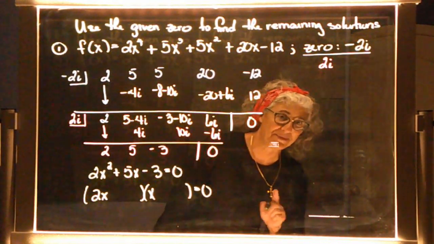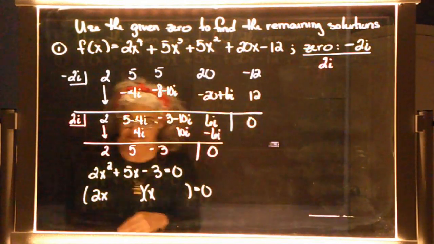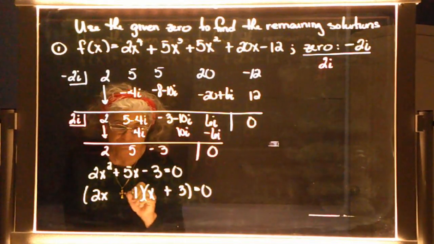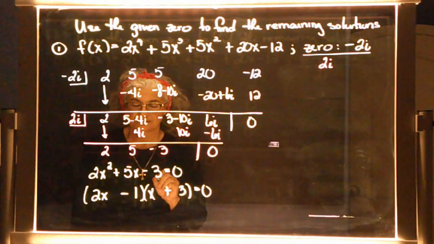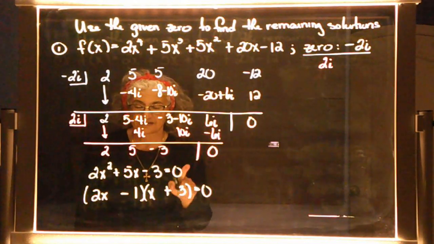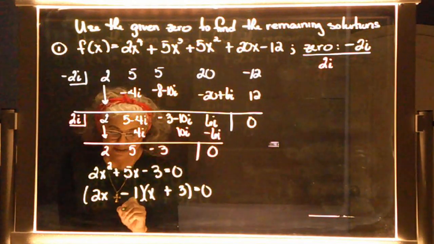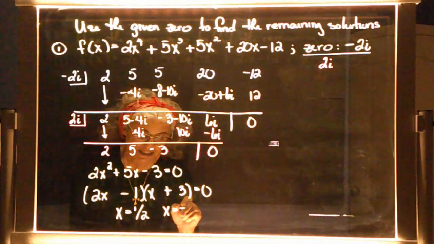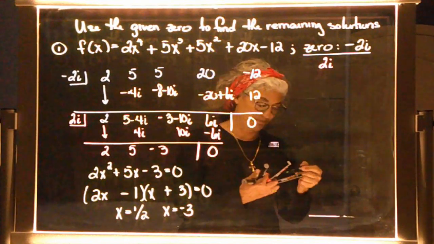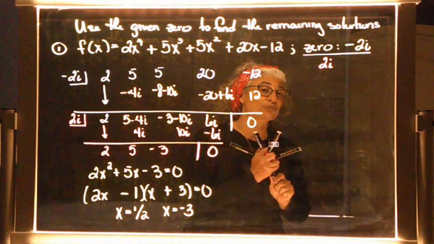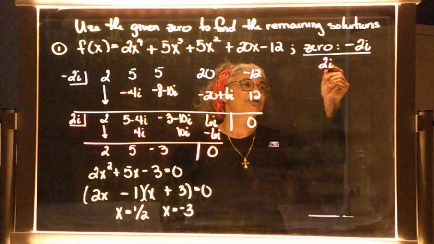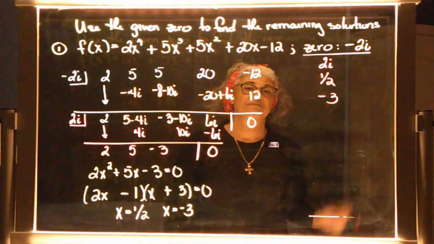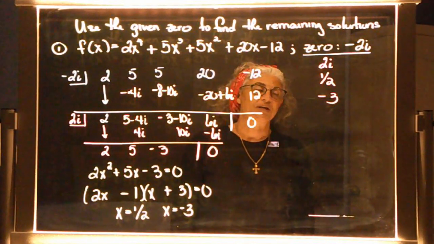You guys learned to use that magic X thing, so use it. Okay, so that works. I end up with x equaling 1/2 and x equaling -3. So my last three solutions are 2i, +1/2, and -3. Cool?